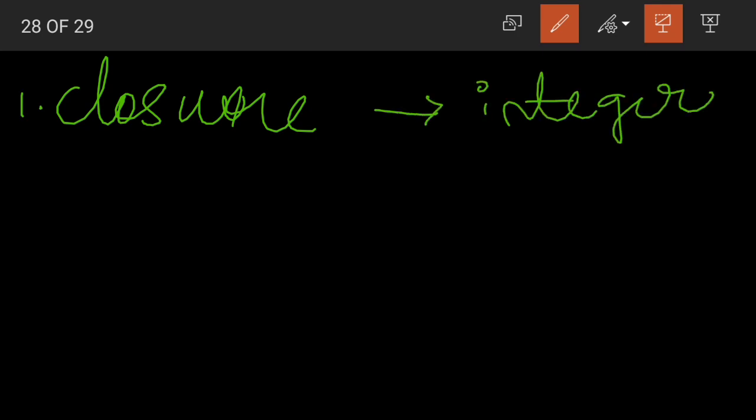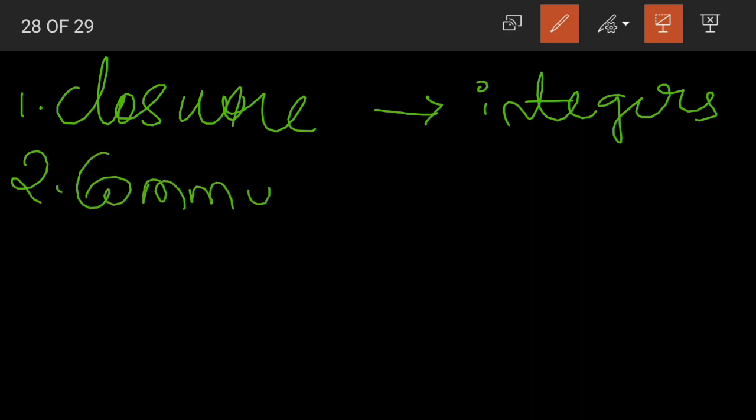Operation here does not mean surgery; it means the mathematical operators plus, minus, multiply and divide. When we perform any mathematical operation on integers, the answer should also be an integer. Then it is said to satisfy the closure property.